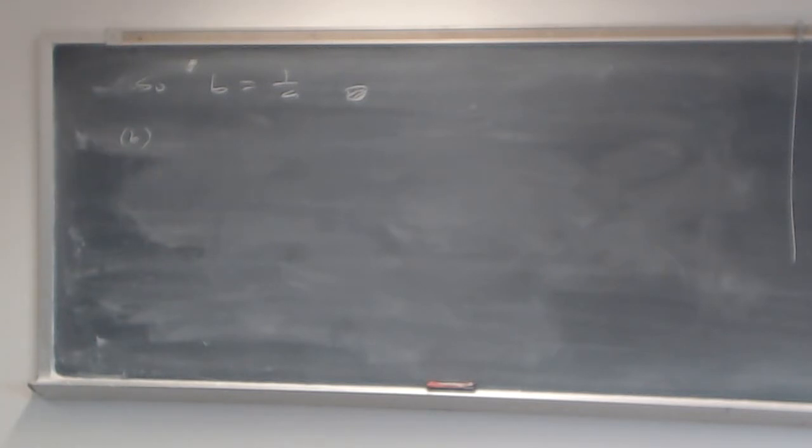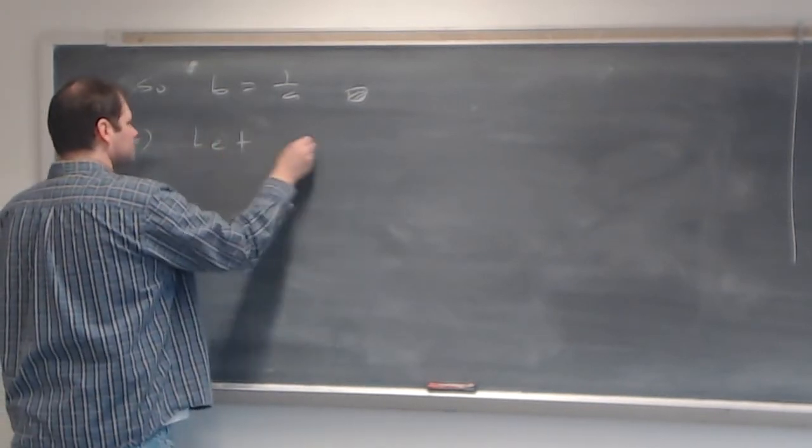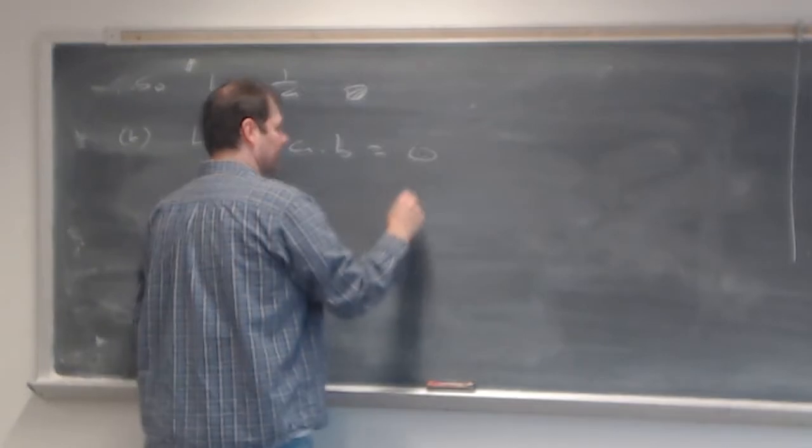We got a name for it. Does anybody remember what the name of that property is? It's called the zero product property. Something times something equals 0. One of those things involved in multiplication had to be 0. Is that okay? That's what we're being asked to show. Okay, so we'll let A times B equal 0.